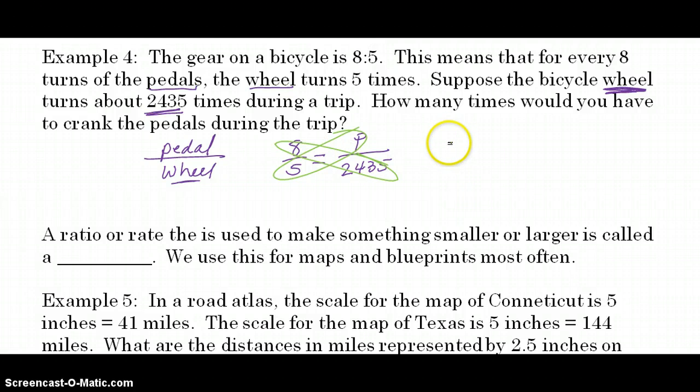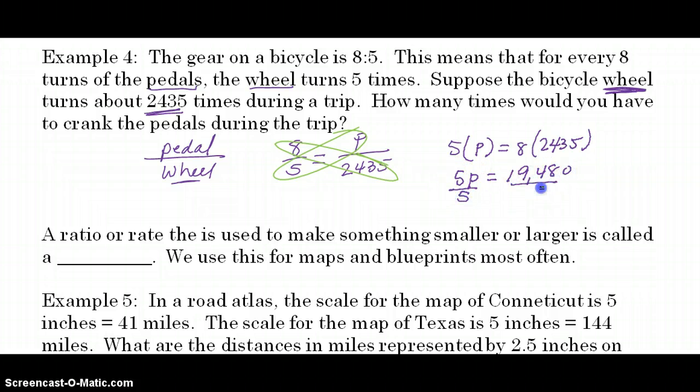And it'll be 5 times P equals 8 times 2,435. And that's 5P equals 19,480. And then I need to divide by 5. And P is going to equal 3,896. That is how many turns the pedal will need to turn in order to make 2,435 turns of the wheel.